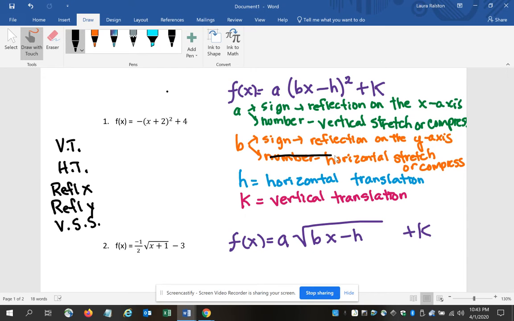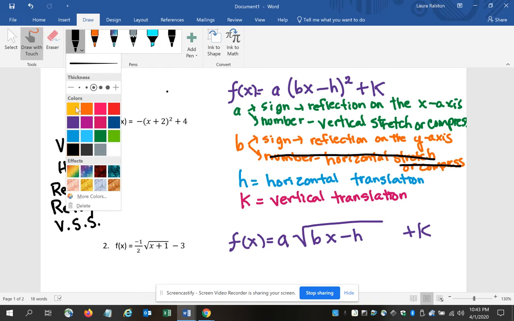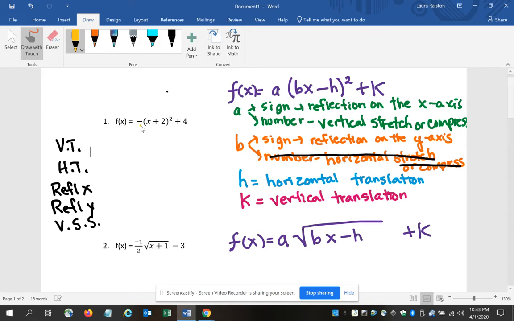Remember, we're not going to deal with horizontal stretch or shrink or compression. Okay, so one of the things that may help you as you're working through these problems is to identify these different pieces. Remember that A is always the number out front, B is inside with the x, H is the constant inside, and K is typically tagged at the end.